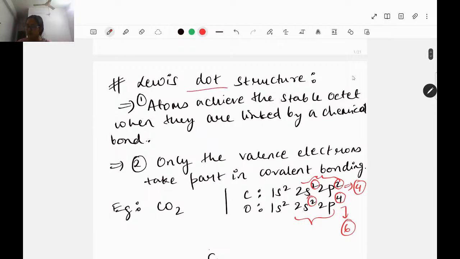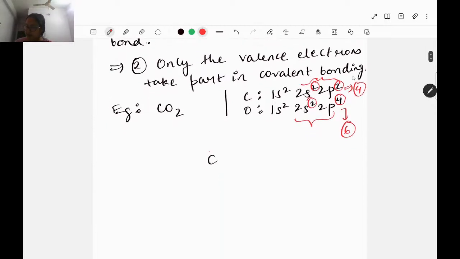There are 2 electrons on the left side of carbon and 2 electrons on the right side of carbon. Now let us draw the oxygen atoms on either side of carbon. Oxygen has 6 valence electrons, so let us draw them: 1, 2, 3, 4, 5 and 6. And over here also 1, 2, 3, 4, 5 and 6.